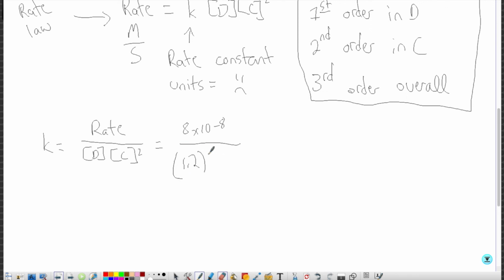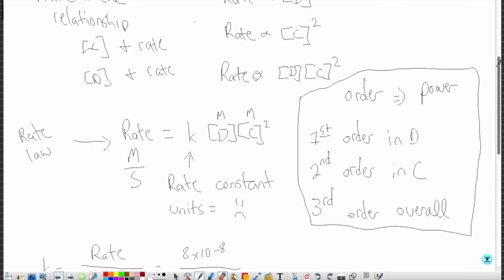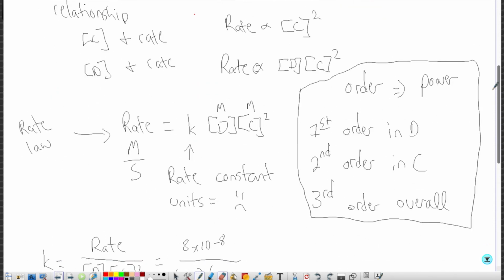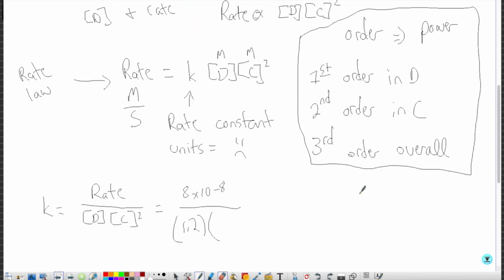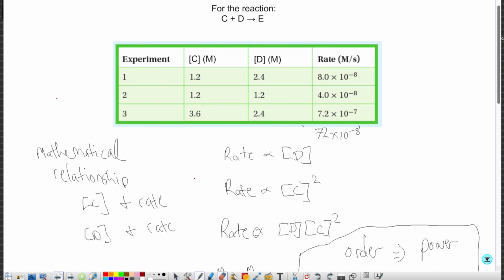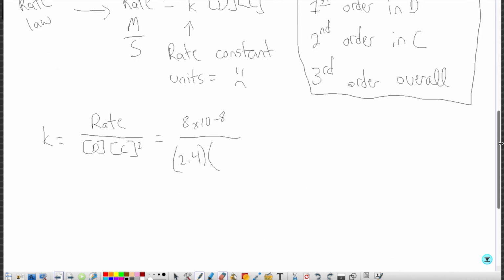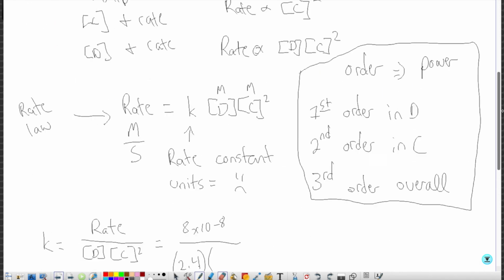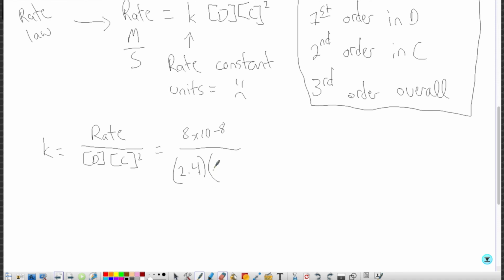1.2 times the concentration of C. Oh, I did that backwards. Concentration of C in the first one is actually 2.4. And the concentration of C squared is 1.2 squared.